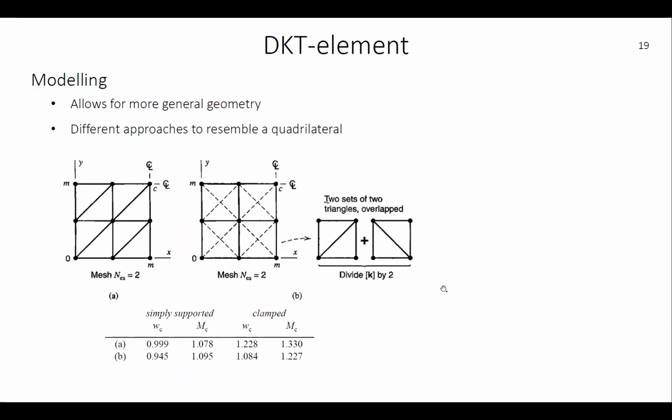In the book, there are also some examples on the accuracy of this element. It's quite versatile in the sense that you can model any given geometry with this triangular element. So you can assemble square sections as a combination of these triangular elements. In this case, we have a center line here. We have an evenly distributed load, I believe, in this specific example.